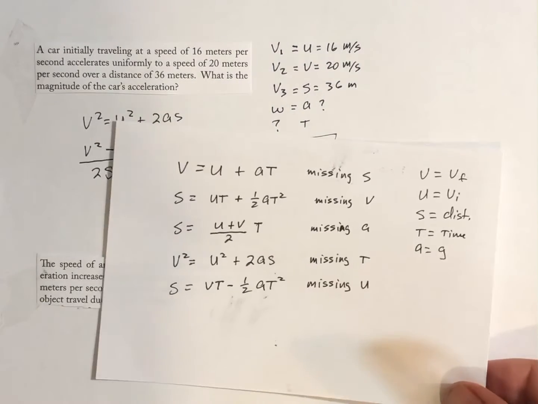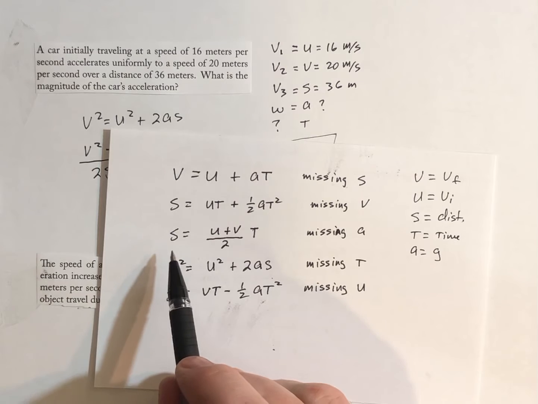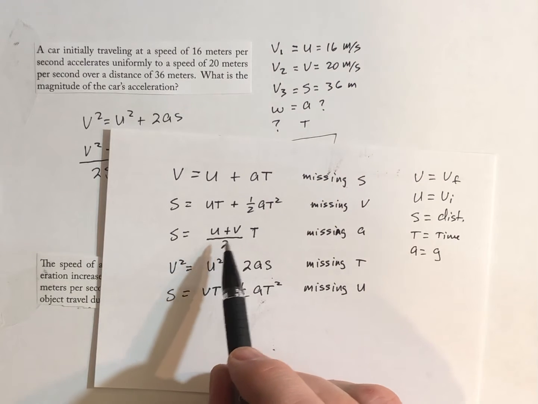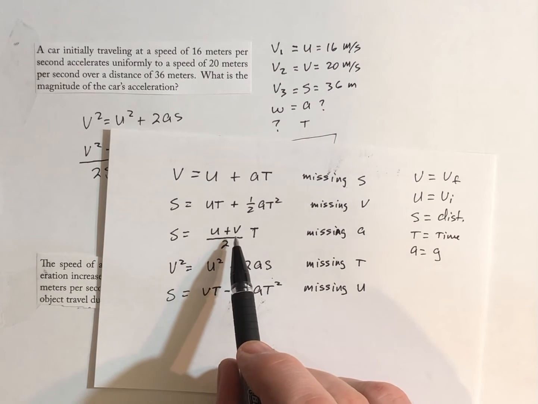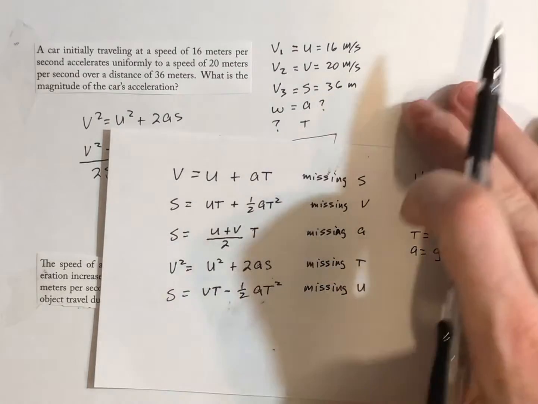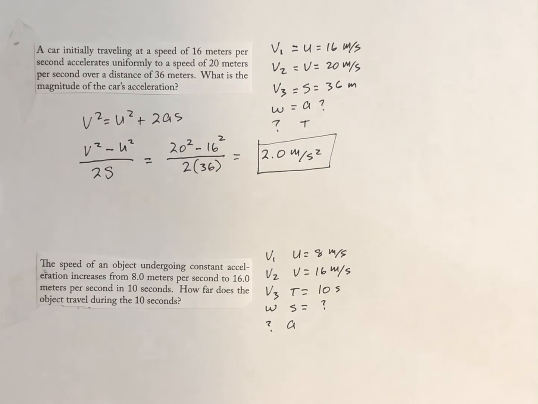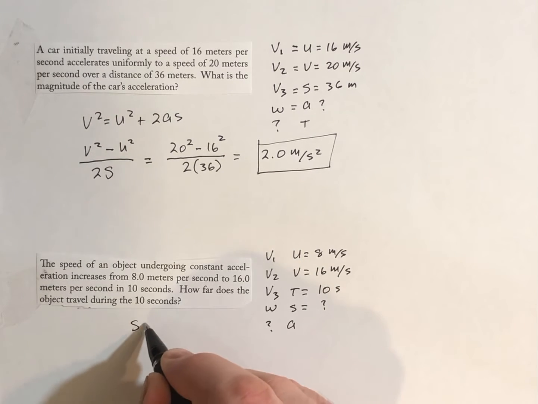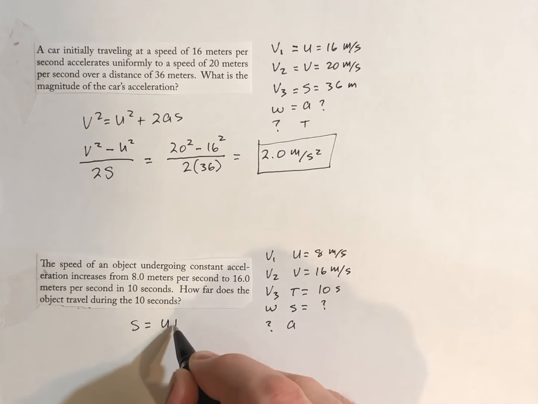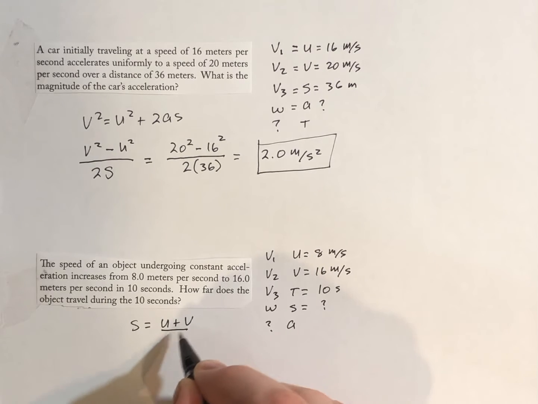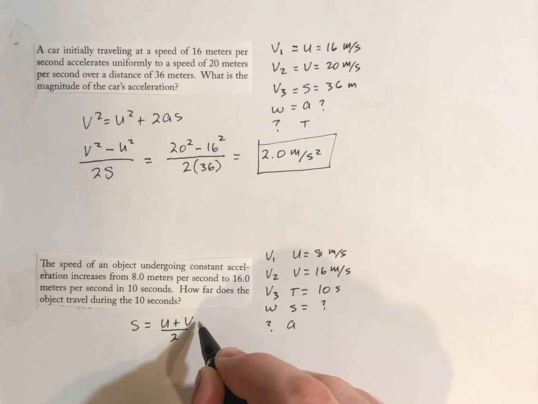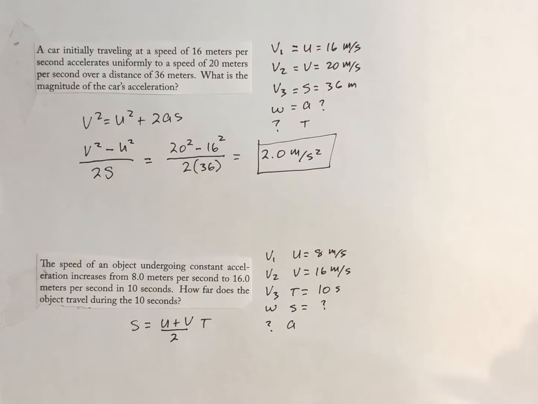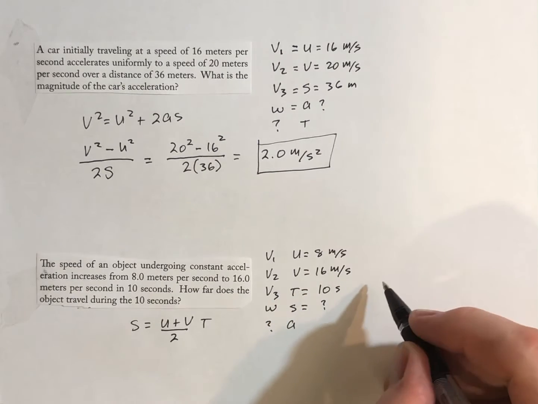And so when we go to look at this, it's this equation right here, where distance is equal to initial velocity plus final velocity divided by 2 times time. So let's put that equation in. S is equal to U plus V divided by 2 times T. I'm going to move over to this side here because I have a little more room.